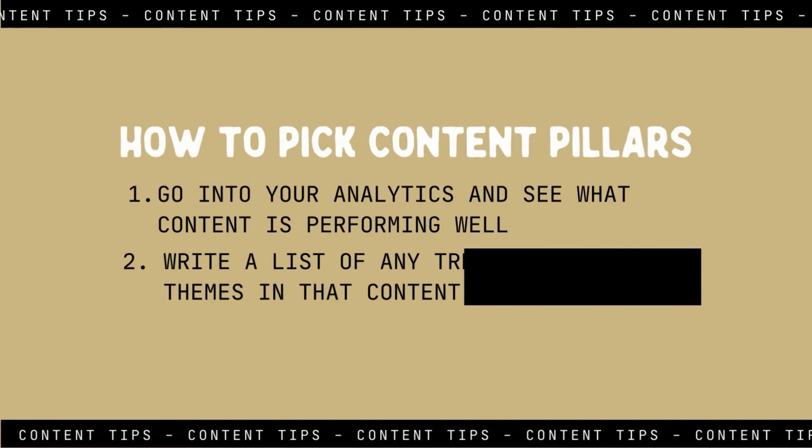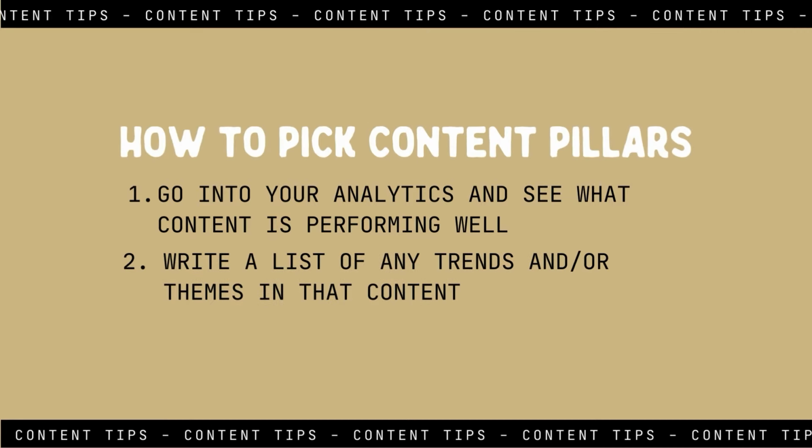You might see that your highest performing content are carousels related to a certain topic, or reels around a topic, or maybe there are visual elements. What is it about that content that is resonating with your audience? Try to find those cues and themes, and start writing that down.